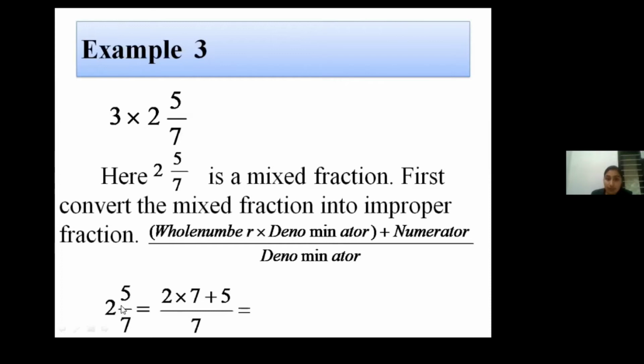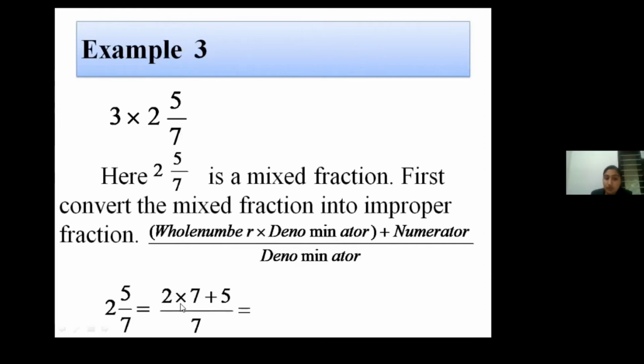So we have the formula: whole number into denominator plus numerator by denominator. Here the whole number is 2, the denominator is 7 and the numerator is 5.